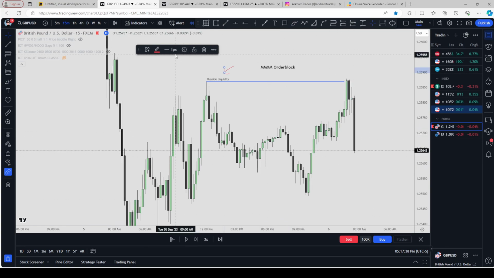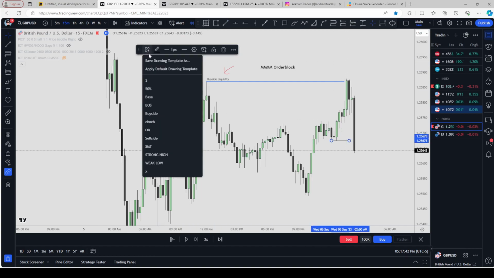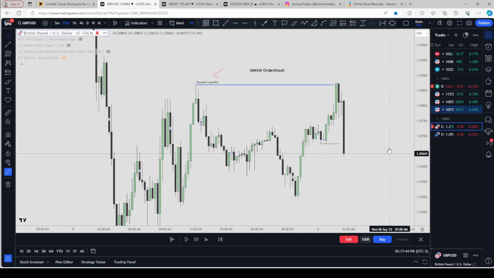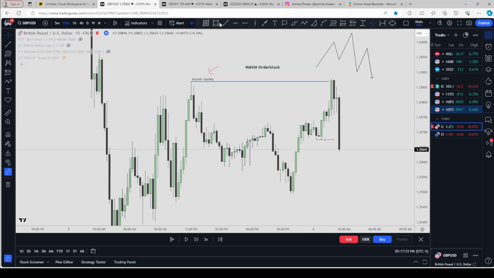Then we see an overall shift of structure. Price breaks this low. So now we're going from higher to now lower prices. So that makes this last up close candle right here a high probability bearish order block.